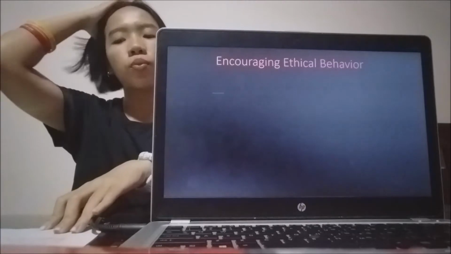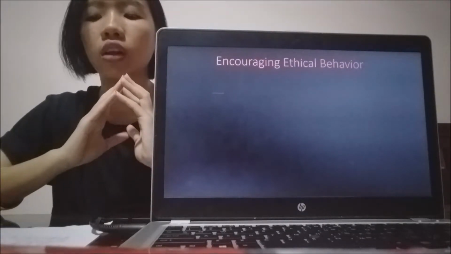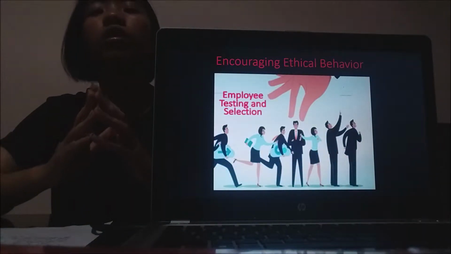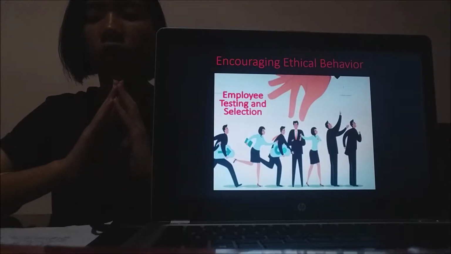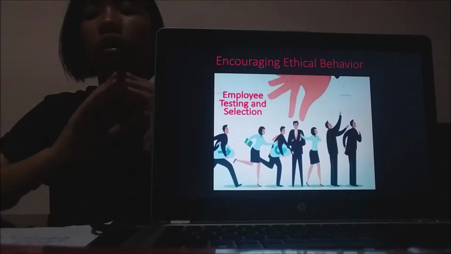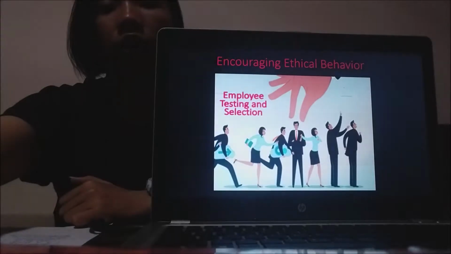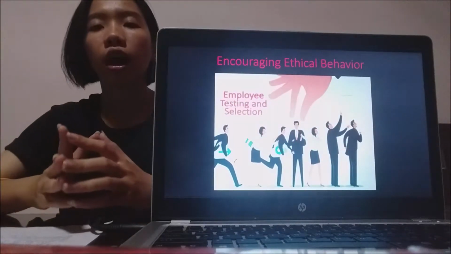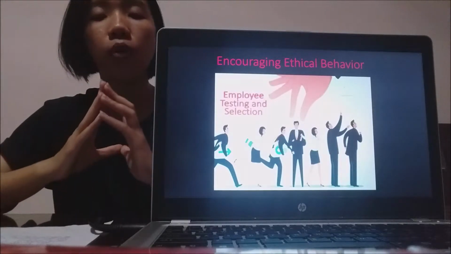So, in the first part, encouraging ethical behavior, the first step is selecting the employees, and the selection of employees can be considered a crucial part for an organization because through this process an organization can evaluate an employee's moral level.